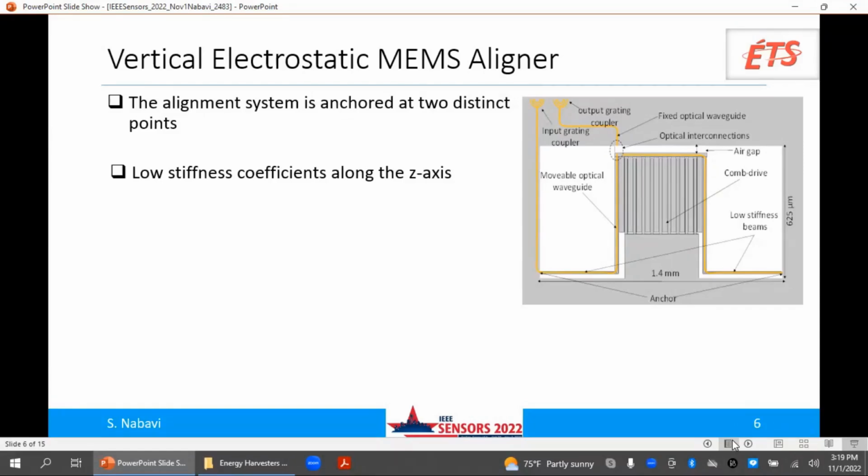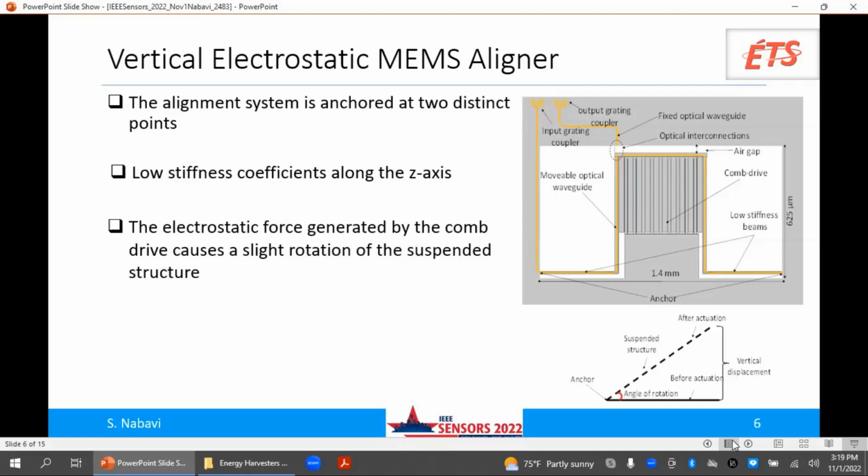So once I apply the voltage to this drive, I have an electrostatic force, but since I have a low stiffness beam along the y-axis, I'm creating a small rotation. This rotation at the end of the actuator shows the vertical displacement. So at the place where I have the optical interconnection, I'm having the vertical displacement.